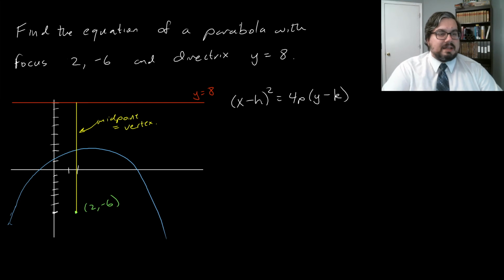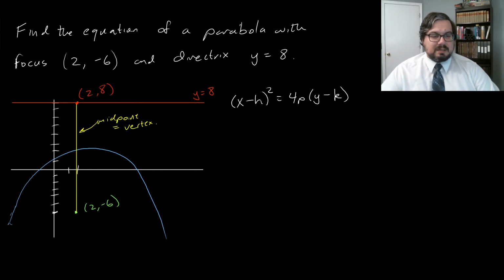So we know that this point up here has an x-coordinate of 2 because it's sitting right above the focus, and it has a y-coordinate of 8 because it lies on the line y equals 8. And so now all we need to do is figure out the midpoint of the points 2, negative 6 and 2, 8.